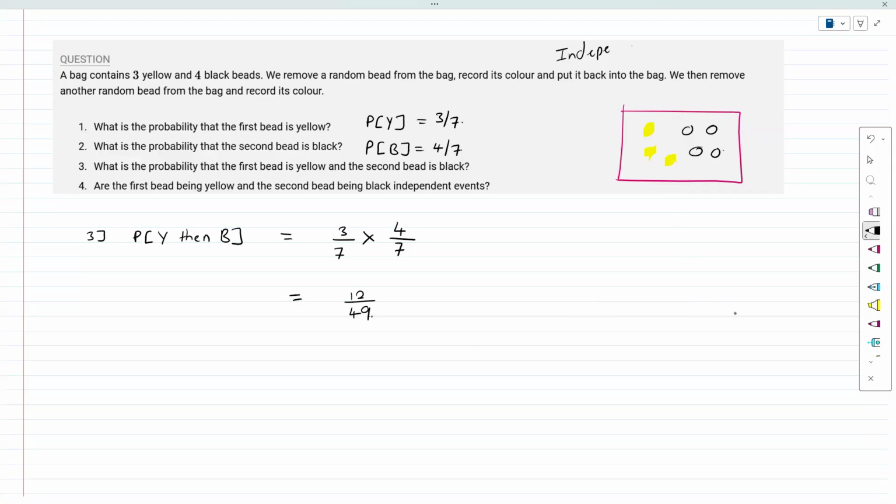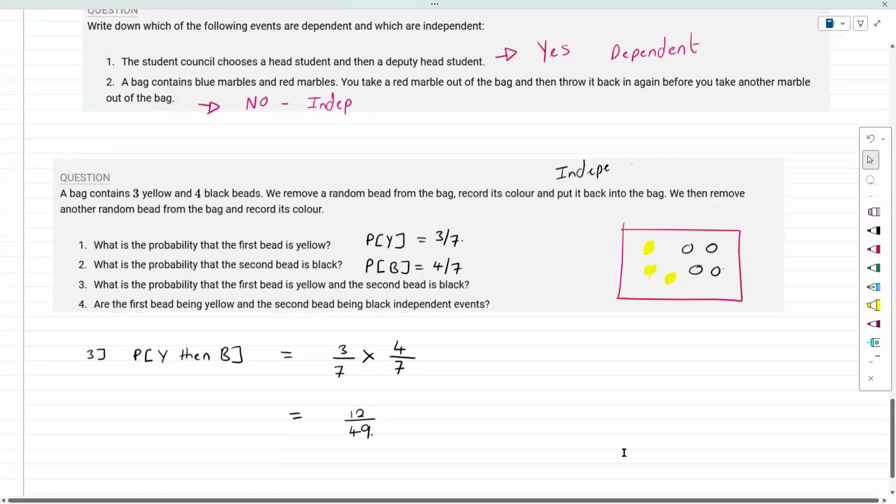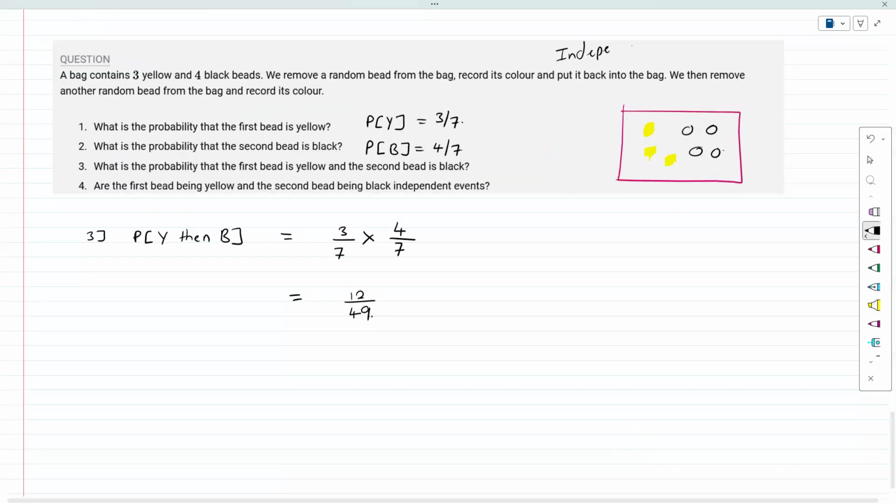And the last question is, are the first bead being yellow and the second bead being black independent events? I could see it's independent because we had a very easy way to deal with it, that nothing changes. But we can't just say that. You can't assume in probability.